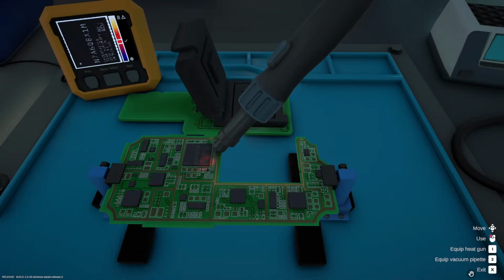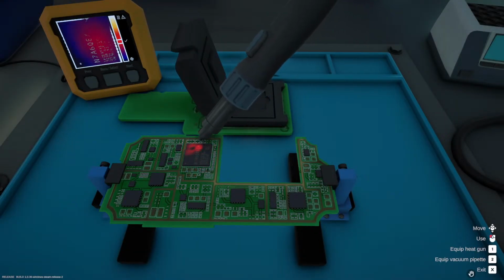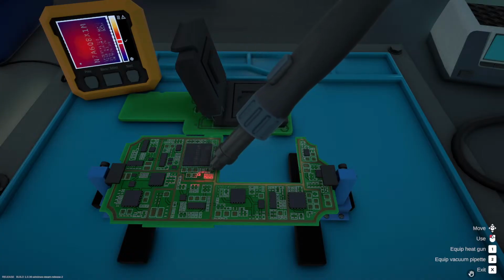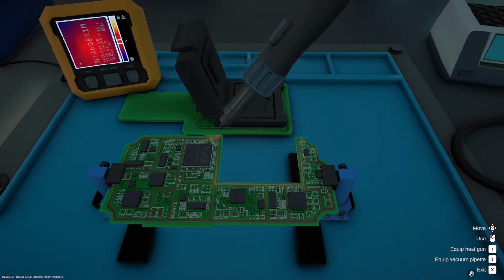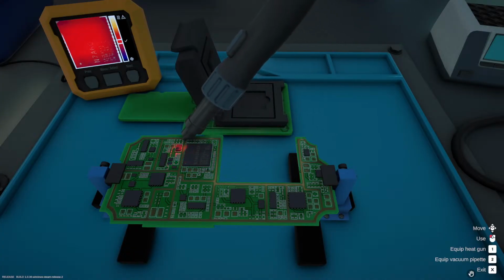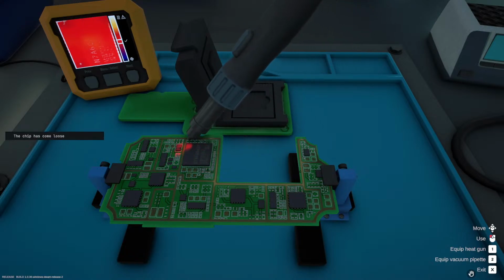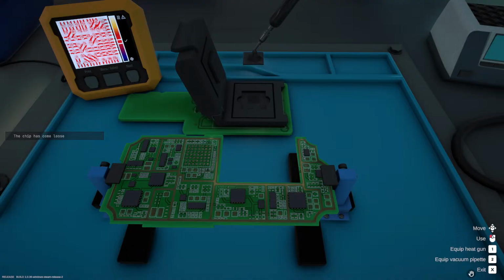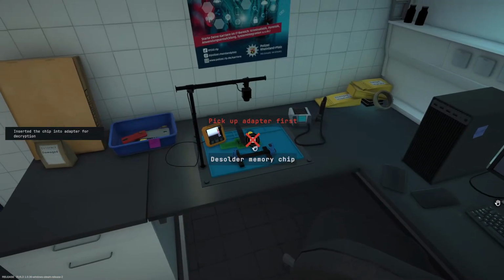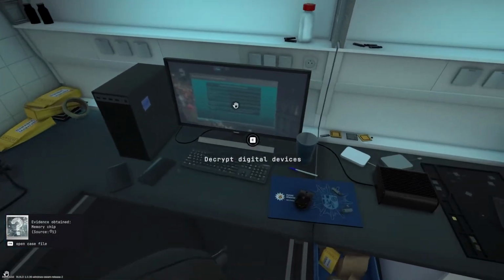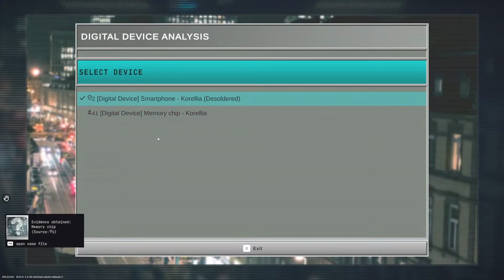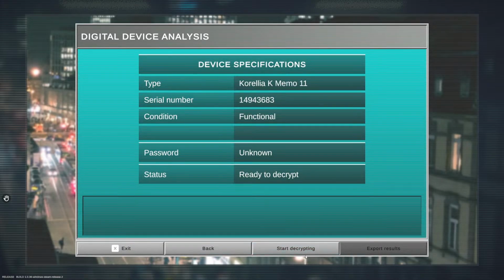Alright, let's grab this. Heat this up a little bit so we can take it off. Remember the first time I did this, I burnt the chip and I couldn't use it. Alright, getting better at that. Let's go ahead and grab this chip.